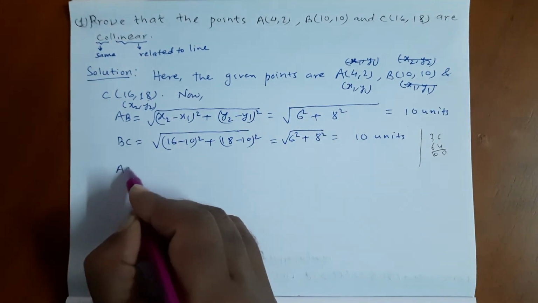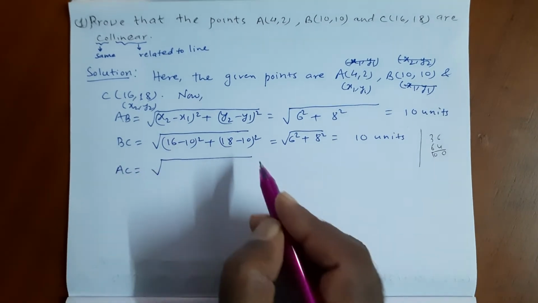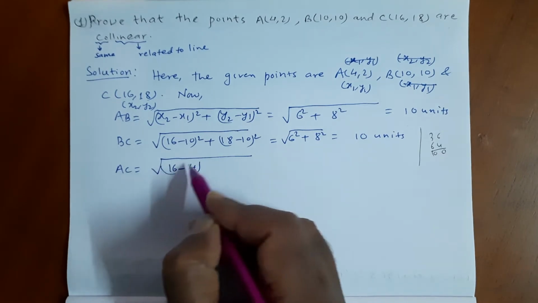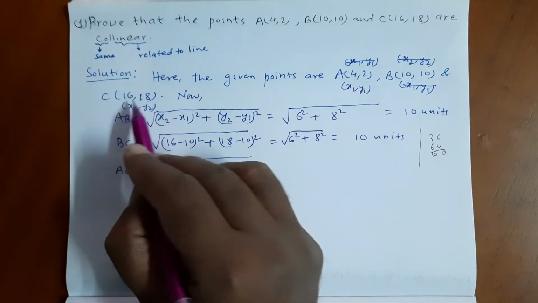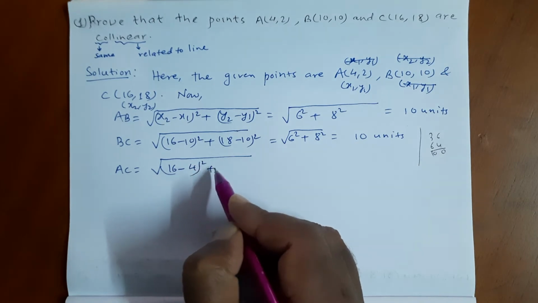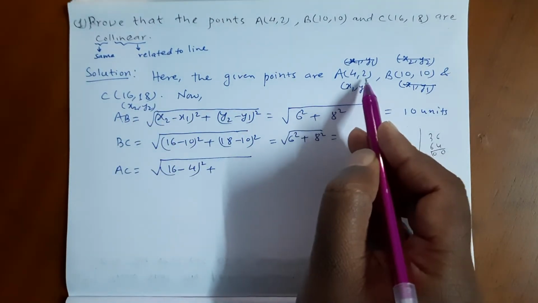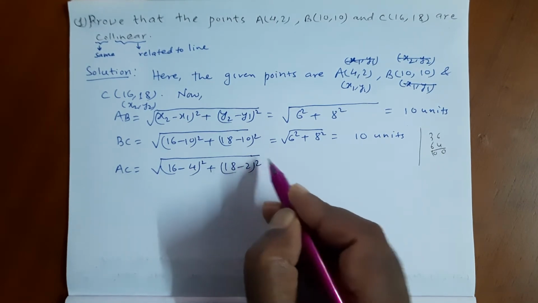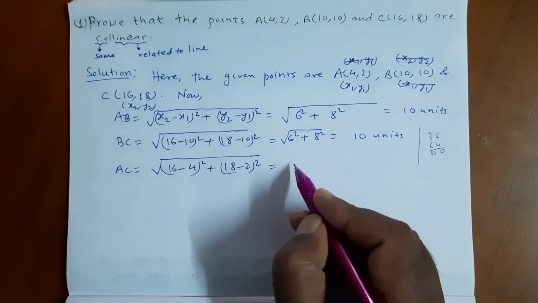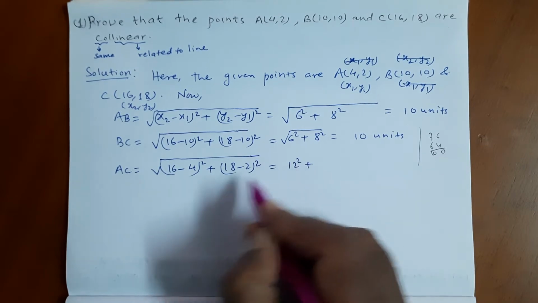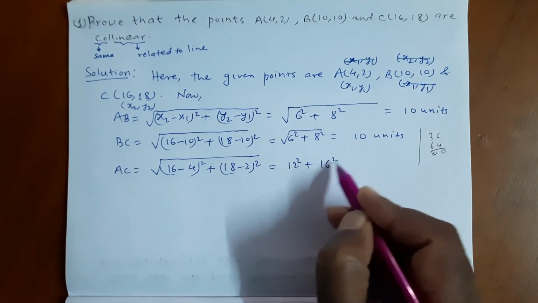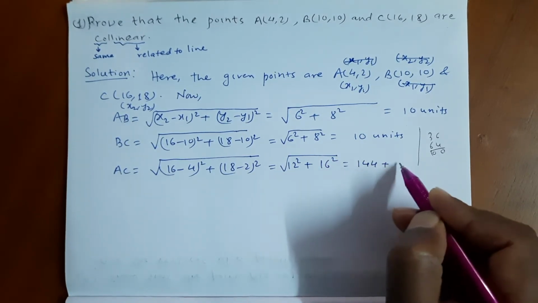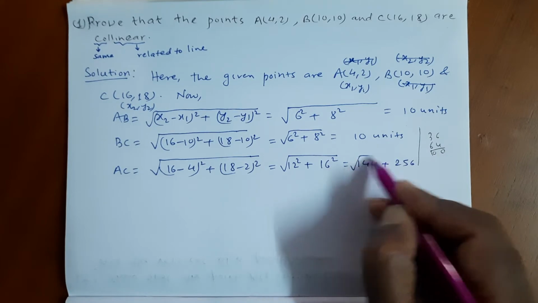Then AC becomes x2 minus x1, 16 minus 4, square, plus y2 minus y1 square, that means 18 minus 2 and its square. 16 minus 4 is 12 square, plus 18 minus 2 is 16 square, root over this. 12 square is 144, 16 square is 256.